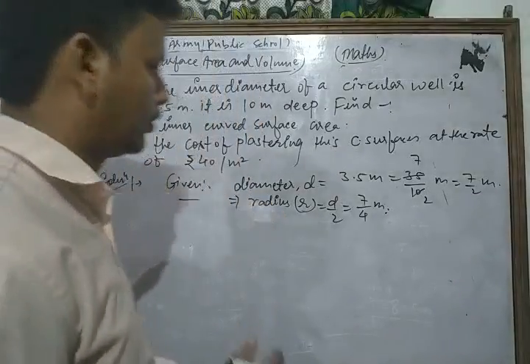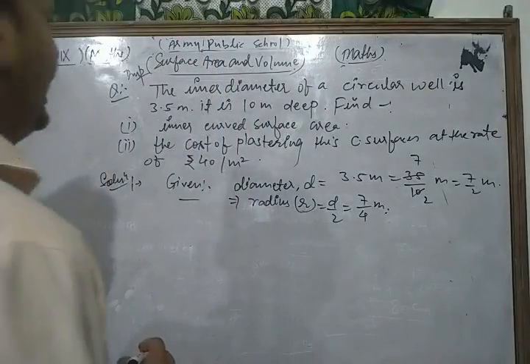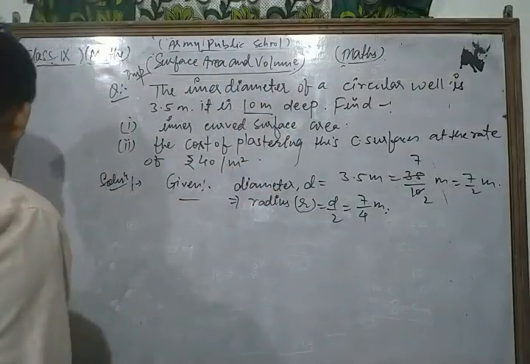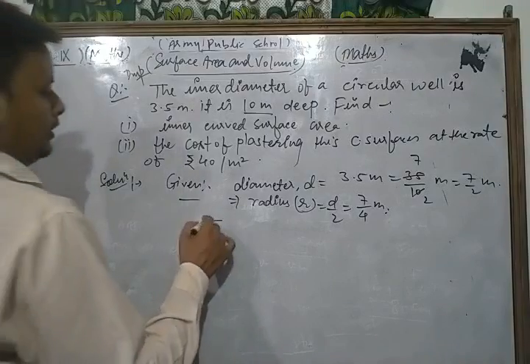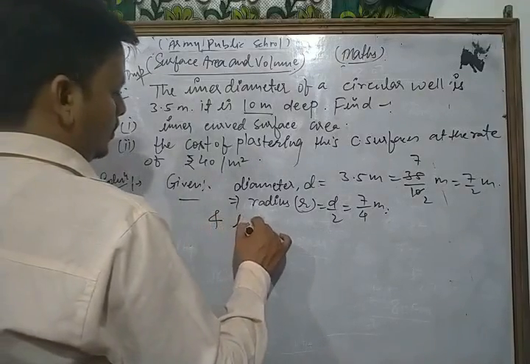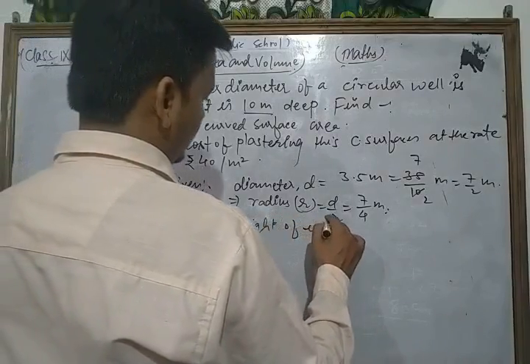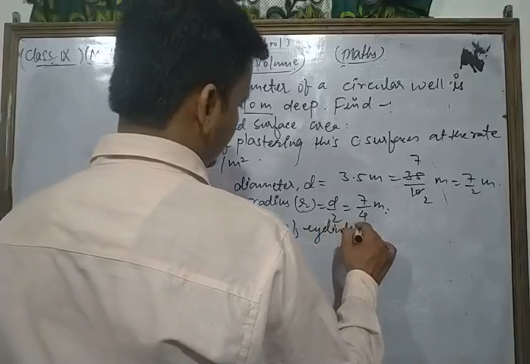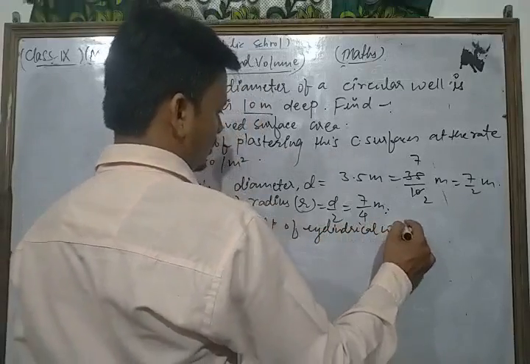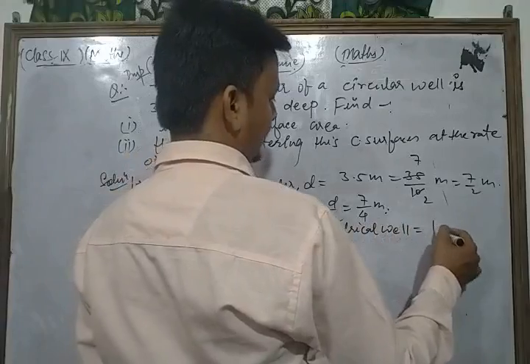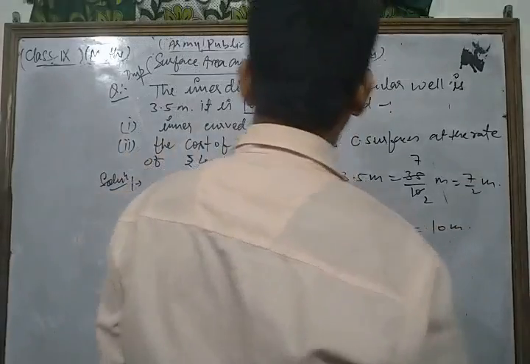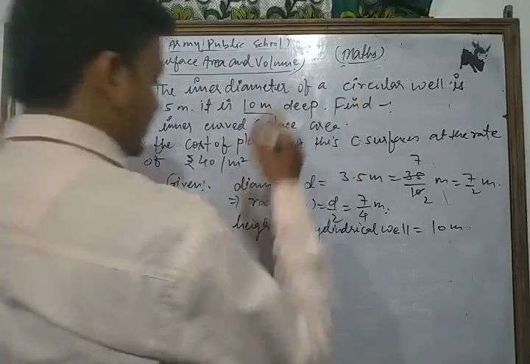Now look, its depth means its height, the height of the cylindrical well, is 10 meter. We find first of all the inner curved surface area.